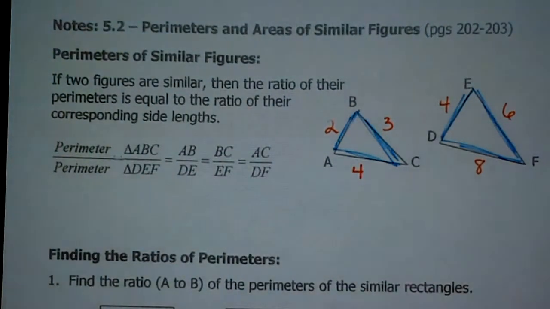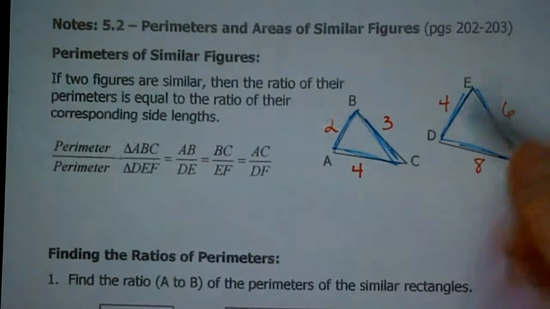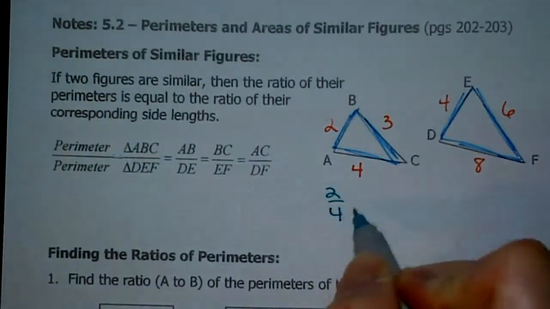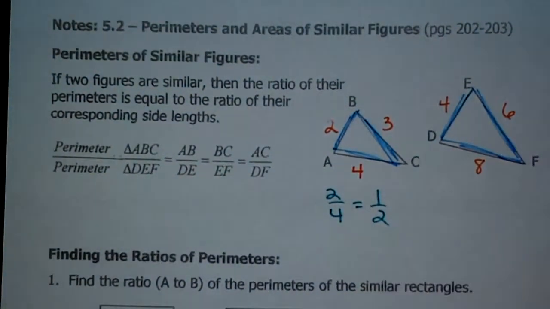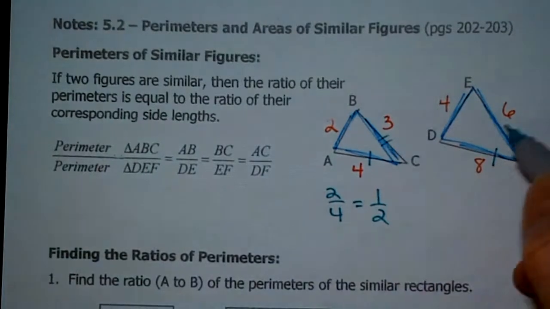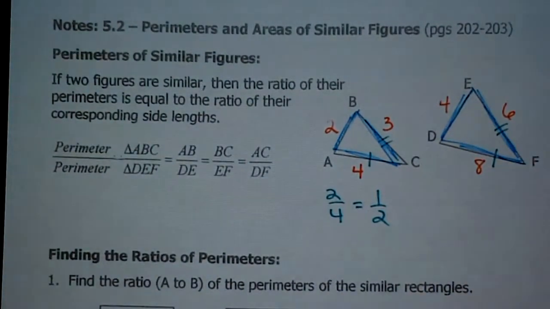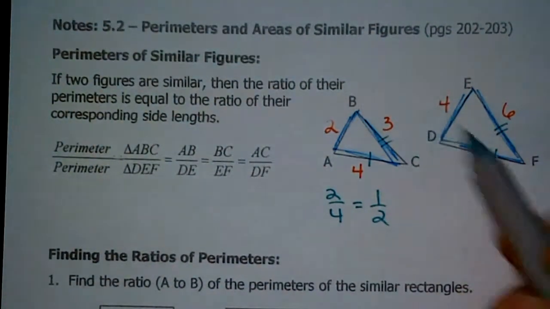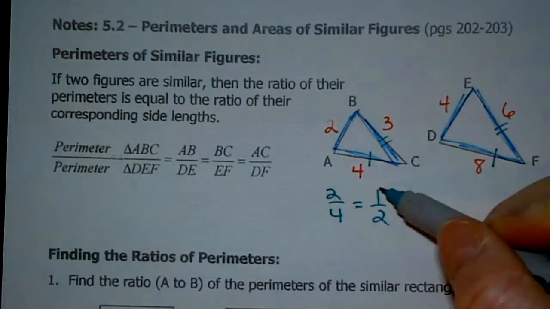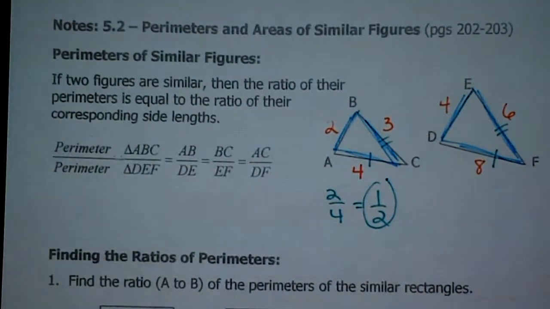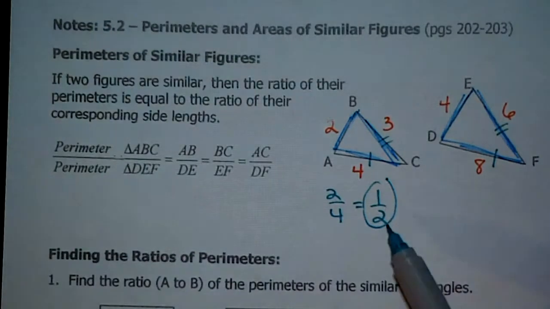So if I compared the ratio of 2 to 4, that would simplify to 1/2. What does 4/8 simplify to? 1/2. What does 3/6 simplify to? 1/2. So the ratio of their corresponding sides are proportional. They all equal the same thing. That means yes, they are similar, and it also means that the ratio of their perimeters is 1 to 2.